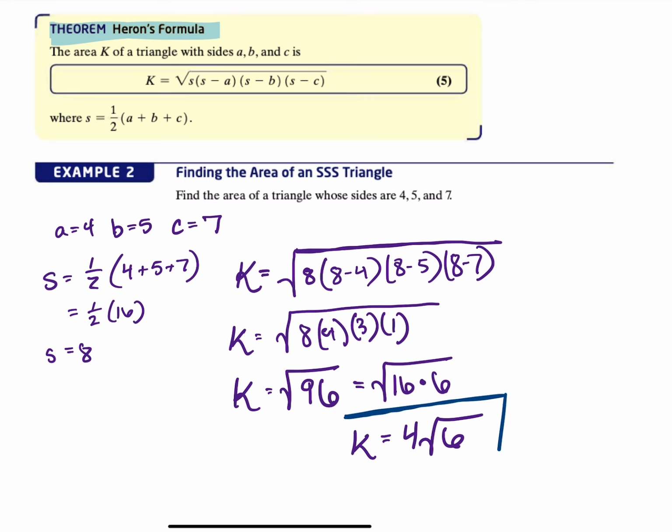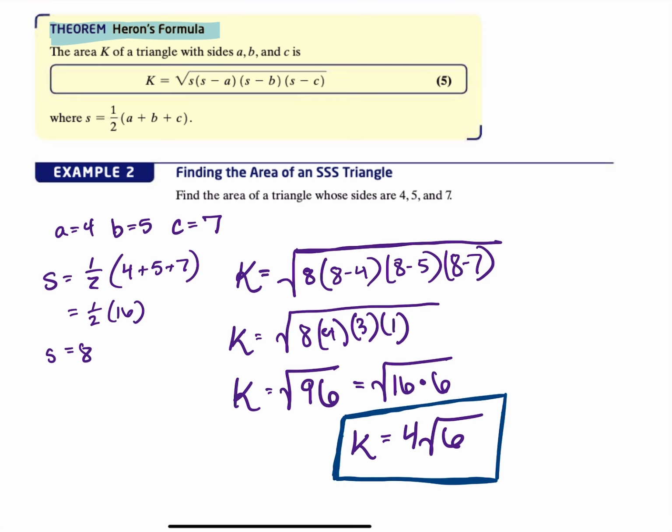If the question asks you to round, we could just evaluate it and round to whatever nearest decimal place it asks us to do. So in this case, if you're asked to find the area of a triangle and you're given only side lengths, you can use this two-step process. You want to find first this quantity S, and then we can plug it into Heron's formula.